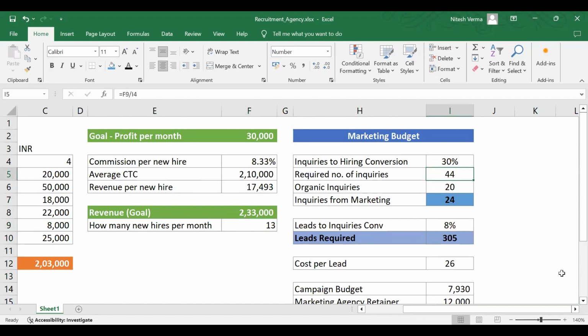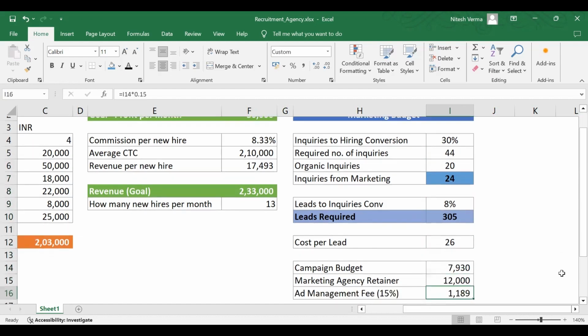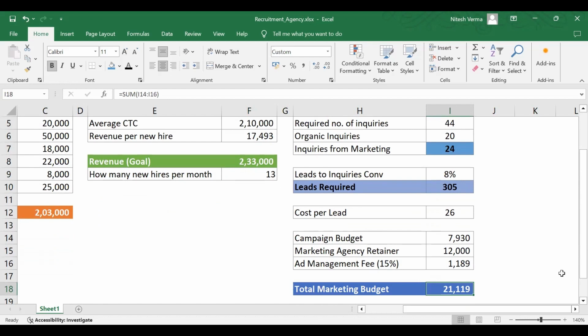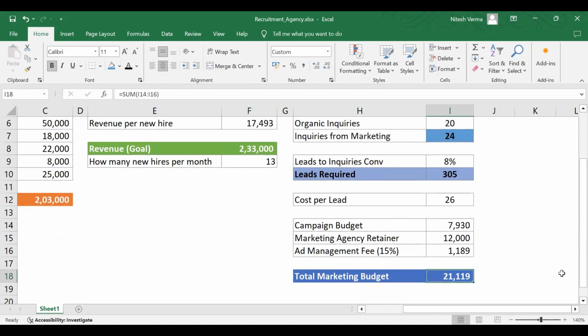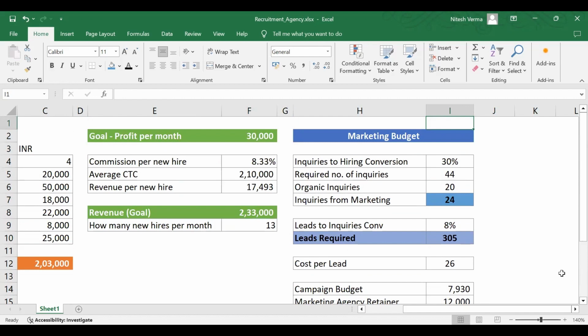So now required number of inquiries is 44. So 20 organic inquiries, that remains the same. So now they need to generate 24 inquiries from marketing, and the lead requirement has increased to 305, and hence the total marketing budget exceeds. It's now 21,119.